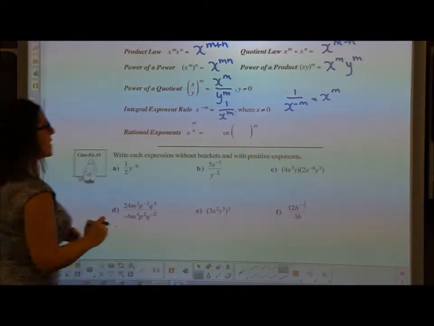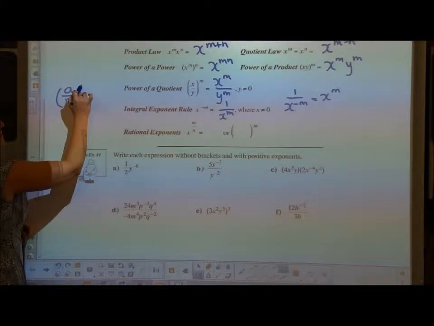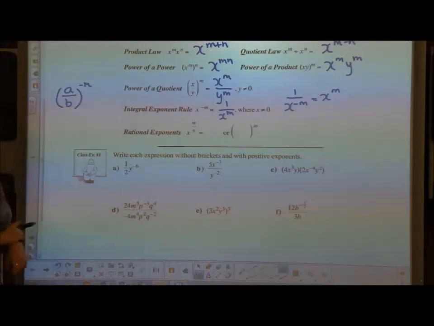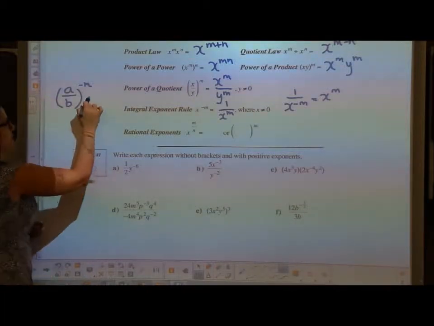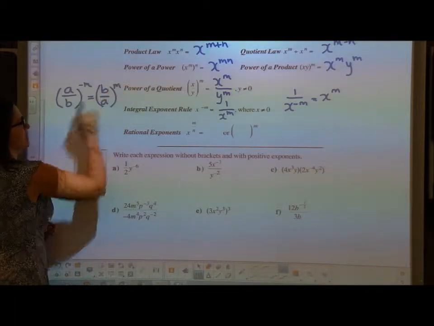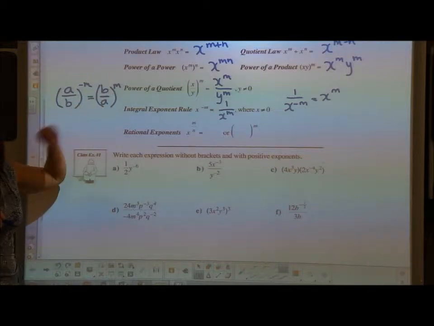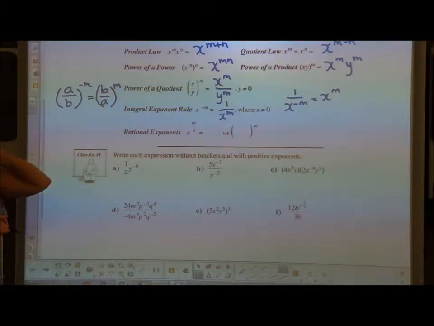And if I had something like this, a over b to the negative m, how would I make that a positive? B over a to the power of m. Good. And then I would do the power of a quotient, b to the power of m, a to the power of m. Okay? And rational exponents.